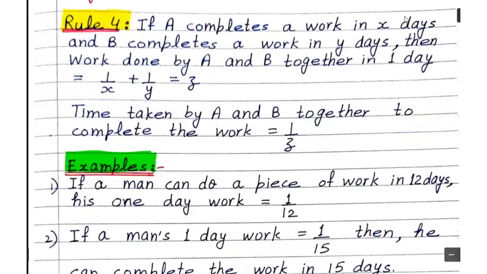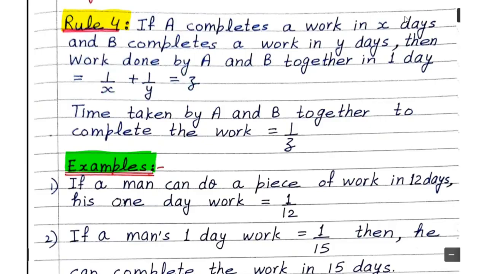Now children, see rule number 4. The last rule is: if A completes a work in X days and B completes a work in Y days, then the work done by A and B together in one day is equal to 1 upon X, that is A's one day work, plus 1 upon Y, that is B's one day work, and that is equal to Z, right?